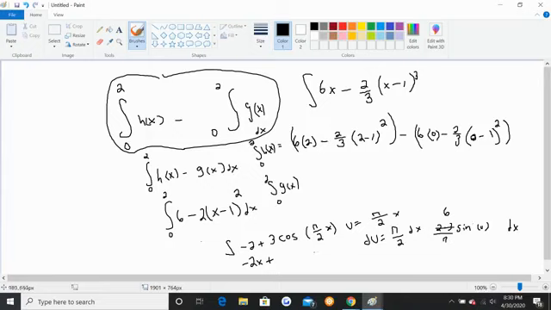So altogether, after we use our u substitution, we have 6 over pi sine, and now we're going to substitute the pi over 2x back in for u. So we have sine pi over 2x dx.